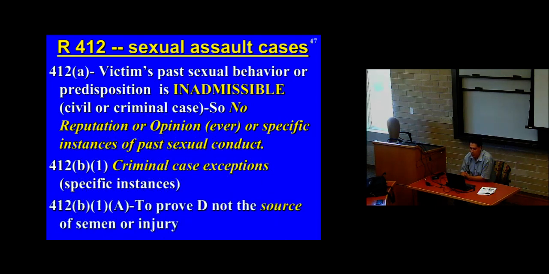And so under 412(b)(1), there are three of them, A, B, and C. 412(b)(1)(A) says if you're trying to prove that the defendant is not the source of the semen or injury, this would be where a criminal defendant says, okay, I'm defending against evidence that the prosecution has put on that, let's say, the sexual assault victim has sexual injuries, injuries to her genitalia, and the defendant can say she was with other sexual partners 6 hours before she was with the defendant, and therefore those injuries might be a result of those other individuals, not just the defendant.